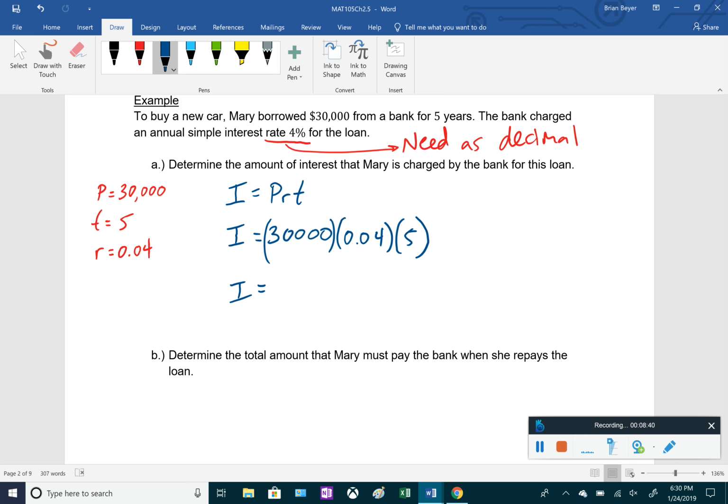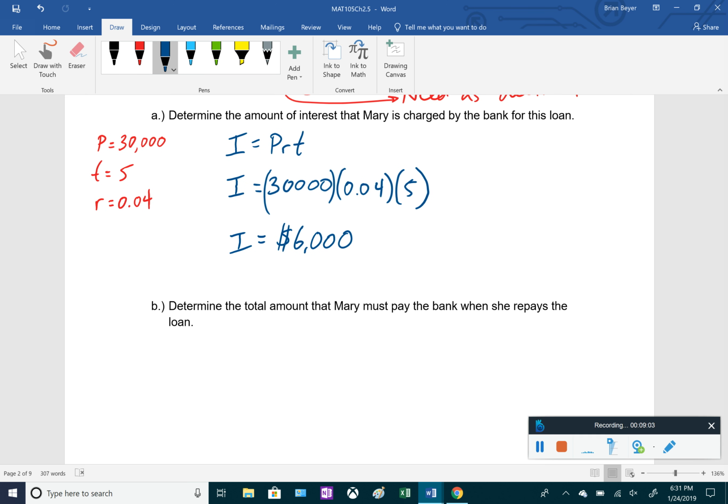So we plug all that into a calculator, and you will get $6,000. So that's how much interest would be owed for a period of 5 years with a principal of $30,000 at an interest rate of 4%.